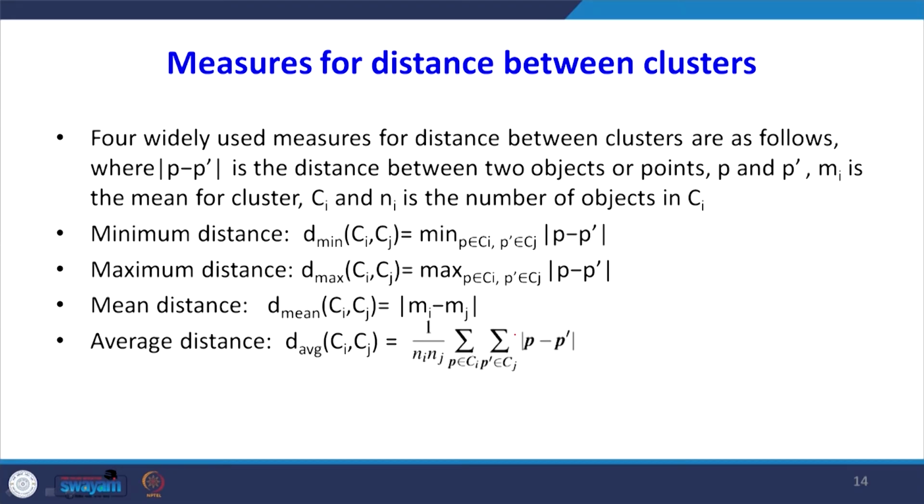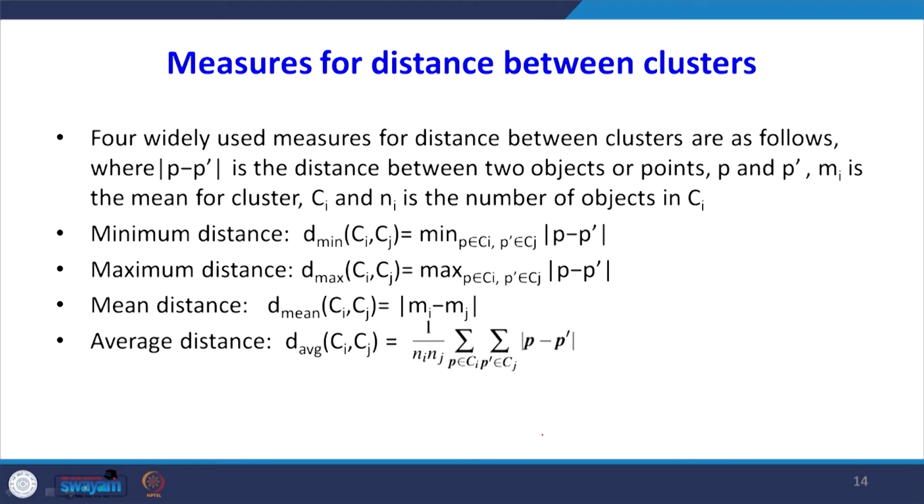Now, let us go to another important idea, measures of distance between clusters. There are 4 widely used measures for distance between clusters, where |p - p'| is the distance between two objects or points p and p', mi is the mean of cluster ci, and ni is the number of objects in ci.